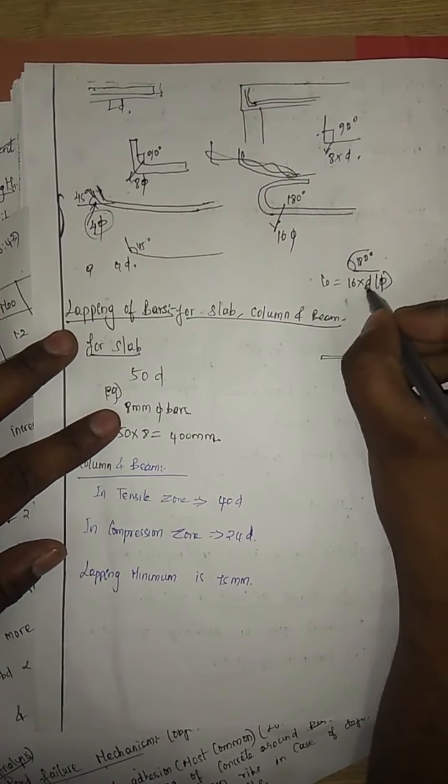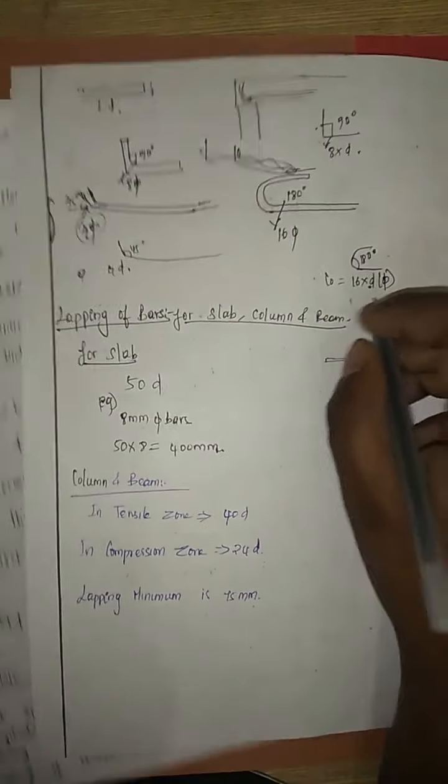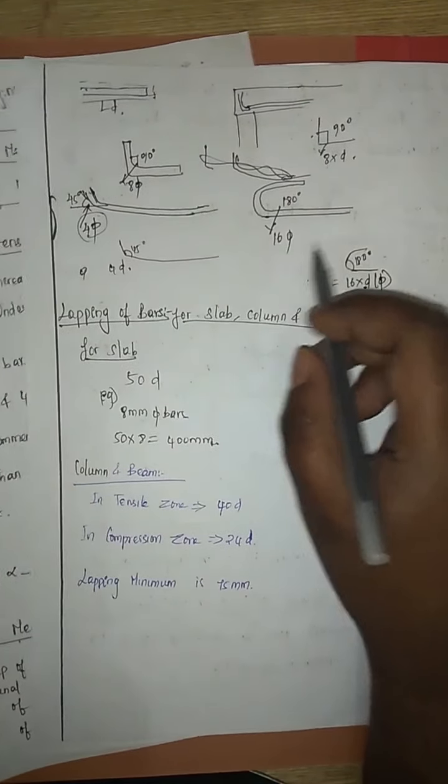You can write diameter in terms of phi also. Okay, that's the simple concept in anchorage value.